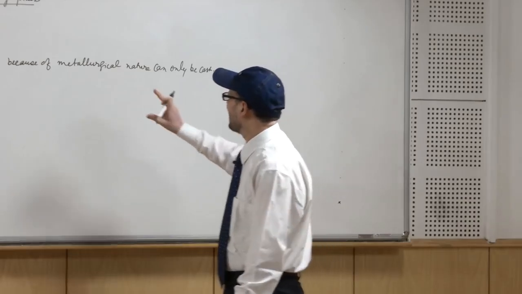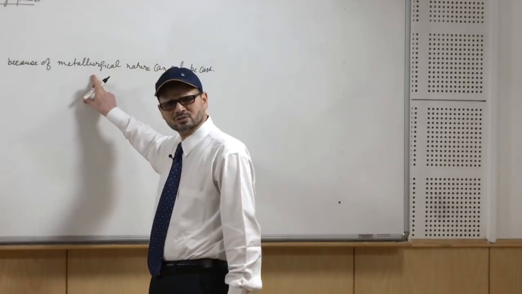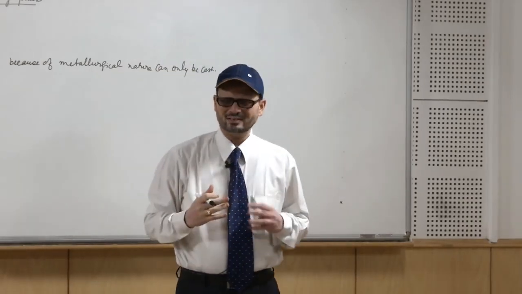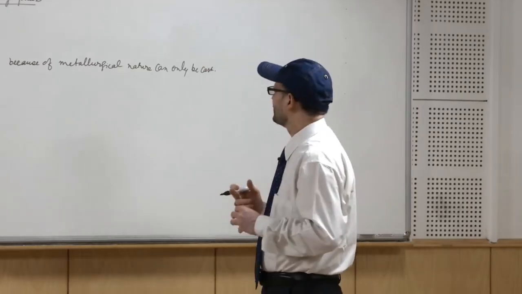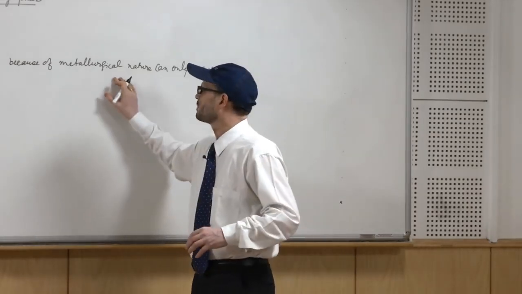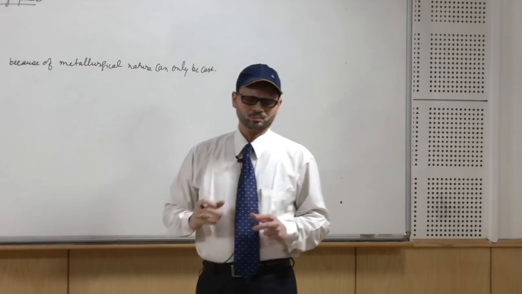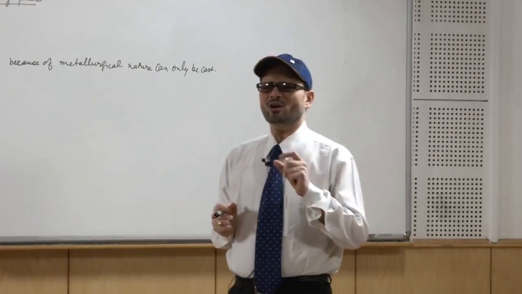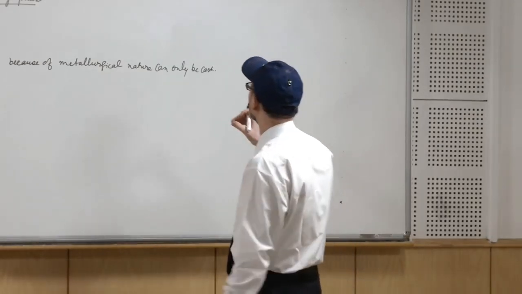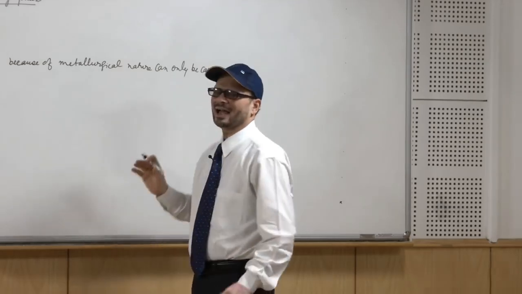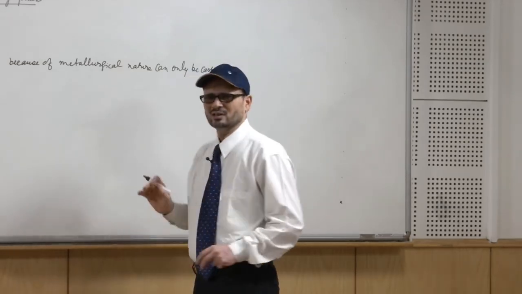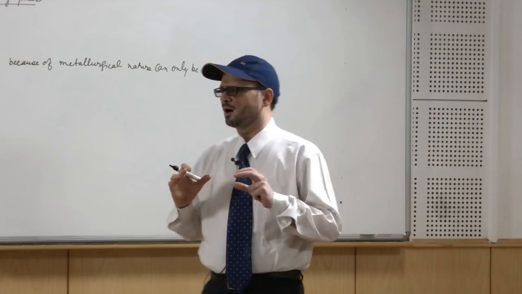So, when you have metallurgical limitations, as we know in case of cast iron, basically because of the presence of graphite in the form of flakes, it has a very low toughness and it cannot be formed, it cannot be forged.